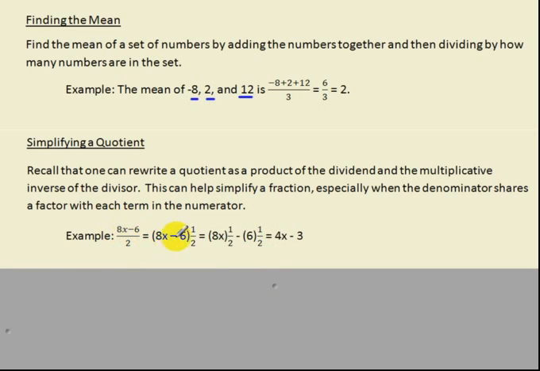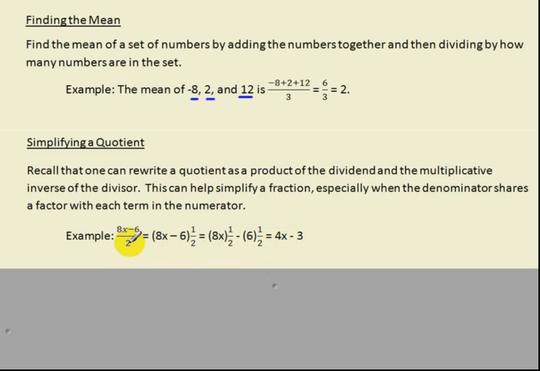We can take that dividend, 8x minus 6, and instead multiply by the multiplicative inverse of 2, so times 1/2. Okay, so we have 8x minus 6 times 1/2, use the distributive property, and we can rewrite that as 8x times 1/2 minus 6 times 1/2, and we end up with 4x minus 3. Now, as you get more comfortable with this, you'll see some other things that happen here.